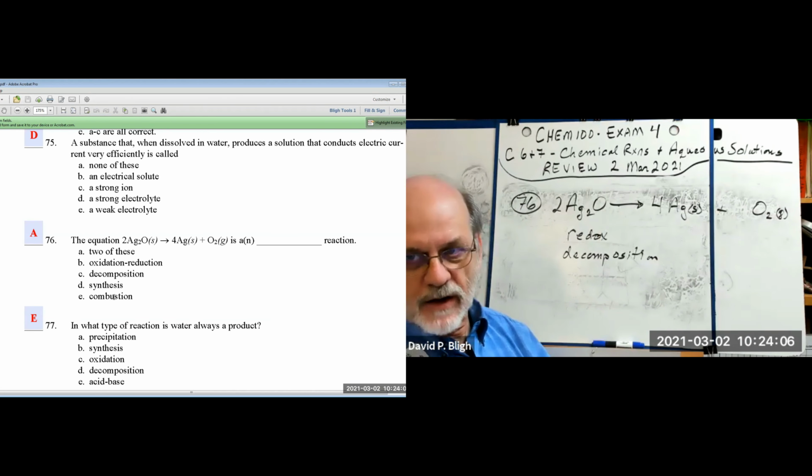Oxygen is reduced, carbon is oxidized. E should be the answer to this one, right? That's wrong. Oops, E. E should be the answer to that one. I don't know how we got B in there. Okay.